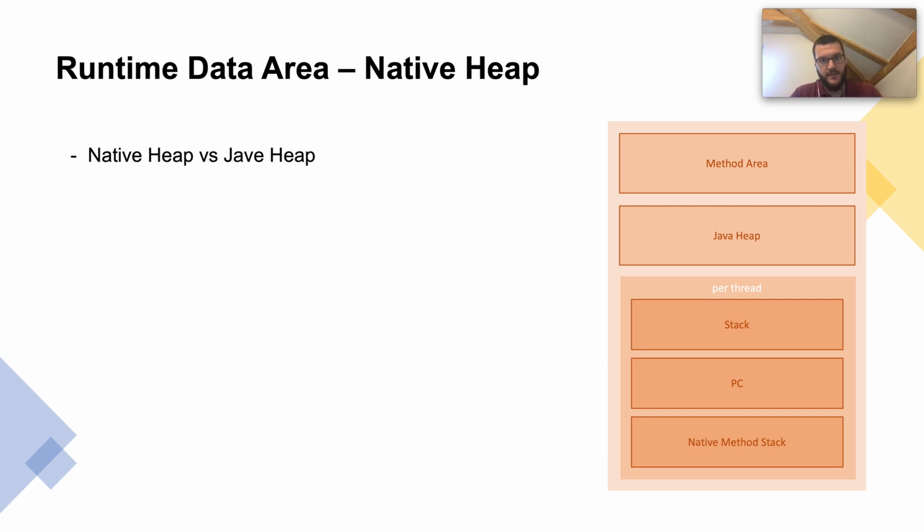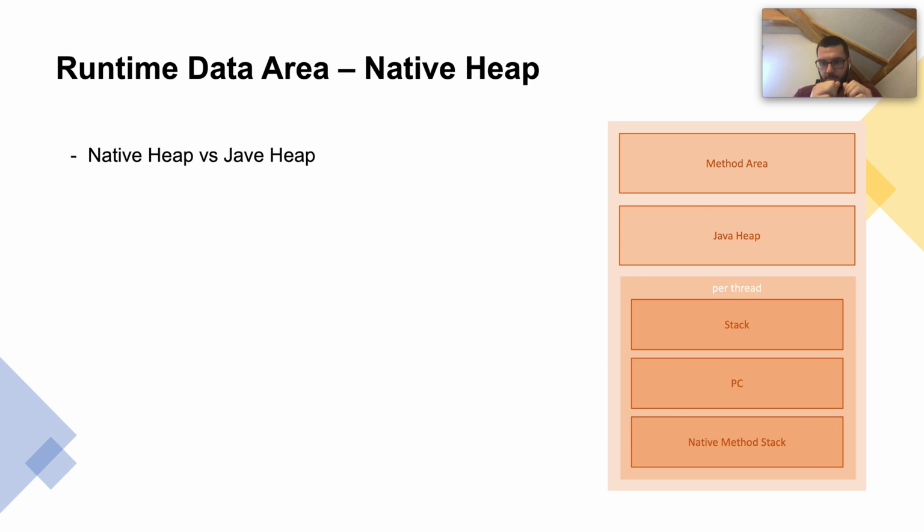What is also important in all this is to emphasize the difference that can generally be confusing. So the difference between native and Java managed heap. So the JVM essentially maintains two parts of the memory.